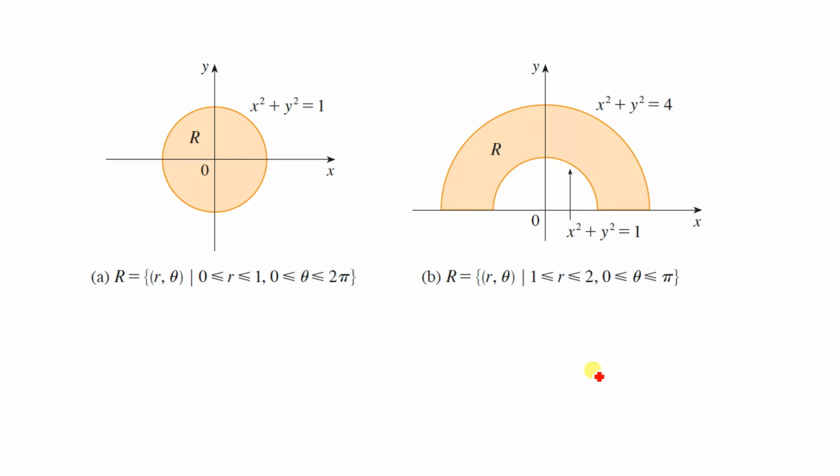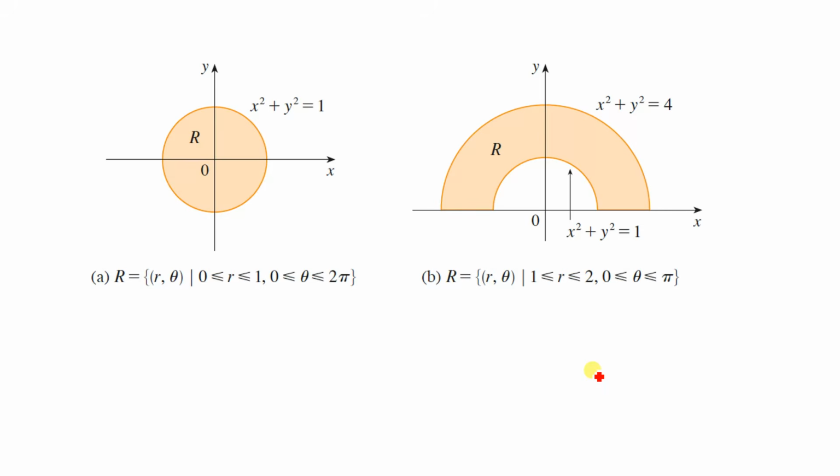In these cases, the description of R in terms of rectangular coordinates is complicated, but R can be easily described using polar coordinates.